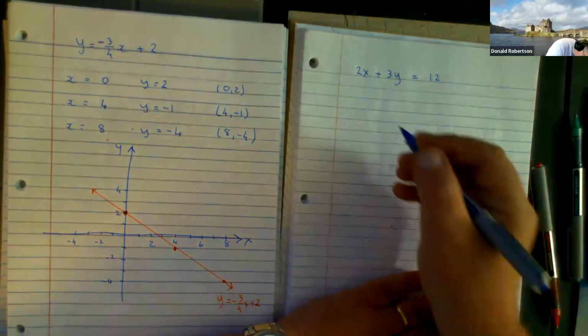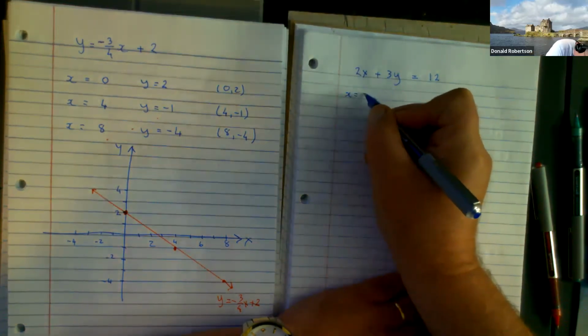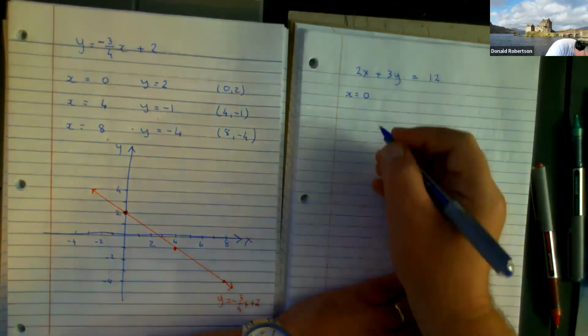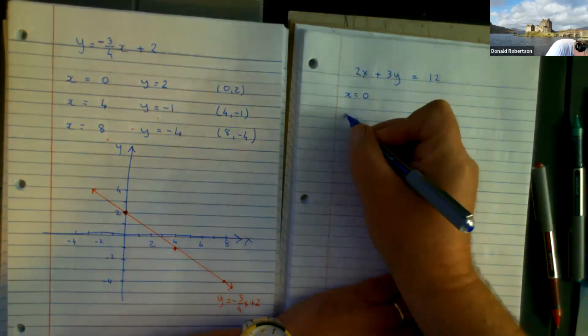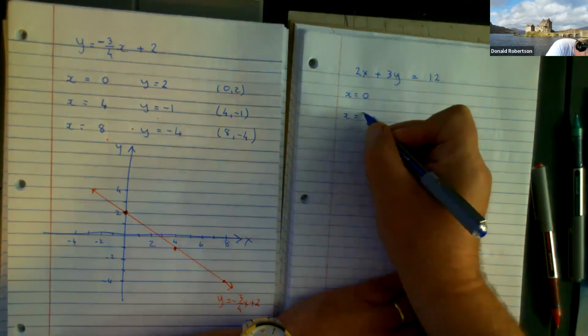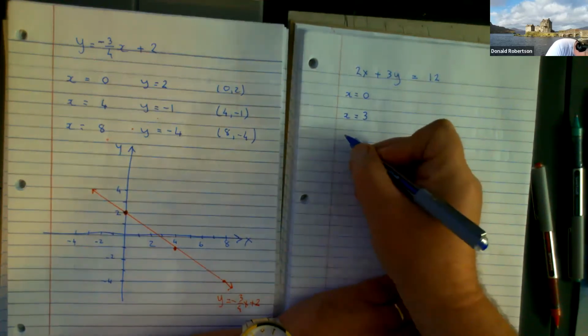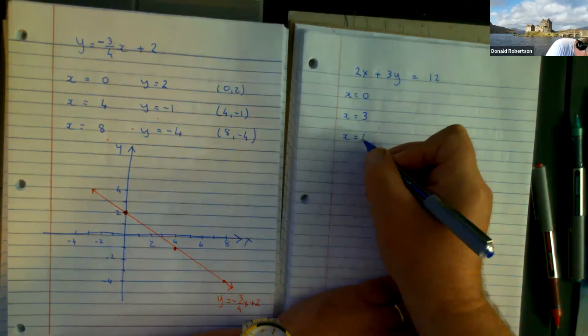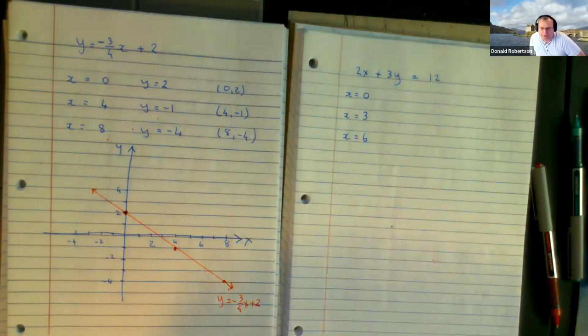So I'm going to choose x equals 0, then x equals 3, and then x equals 6. If you're wondering why I'm not just picking 0, 1, and 2, I could try that, but I can tell you right now that the y coordinates would be pretty ugly, right? I want to see if I can make nice, round, whole number y coordinates.